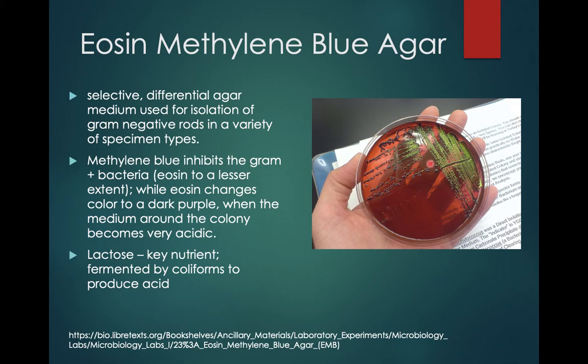You know that acid production is key to the coliform group. So if acid is produced, the pH decreases and the microenvironment of the medium becomes very acidic. Therefore, the organisms from the samples are really coliforms.